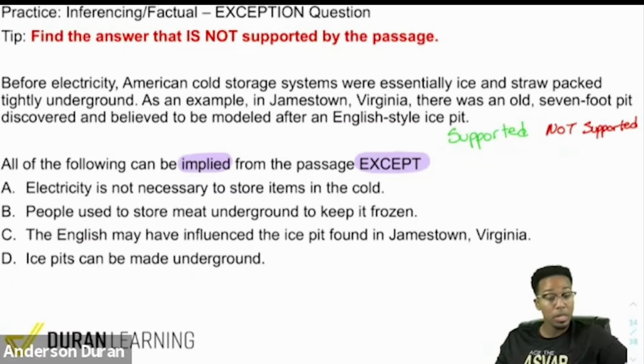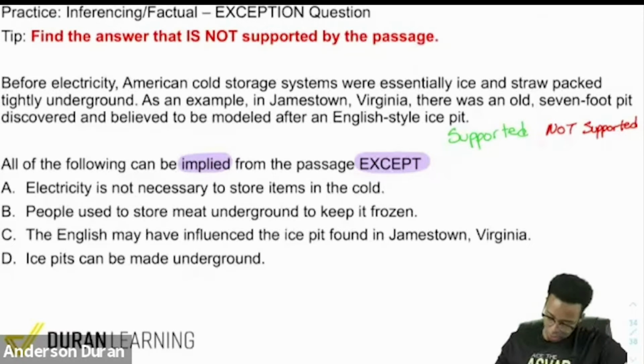Sounds good. So let's go ahead and read through the answer choices. Remember, we are looking for the one that is the exception, the one that is not supported. So A: electricity is not necessary to store items in the cold. All right. Can we support this or not support this? Were they able to keep things cold without electricity?